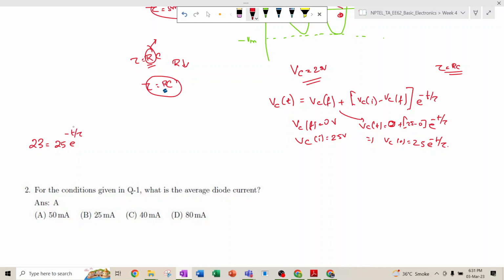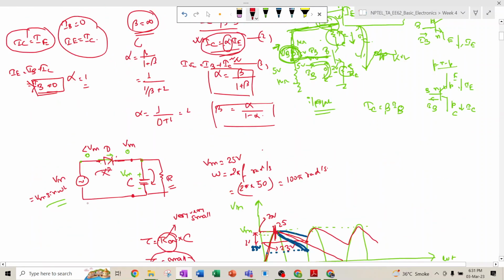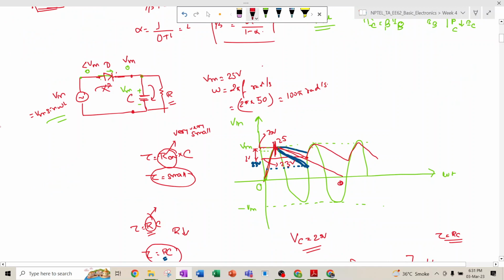Now how should we get this t? This t is nothing but from here to here. Okay, this is t, right? And when this capacitor gets charged, that is some time considered t1.